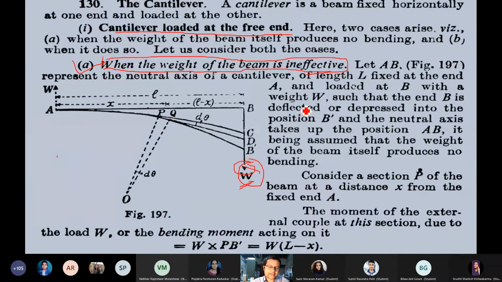Yesterday we discussed the bending of beams, and also the concept of the neutral axis.